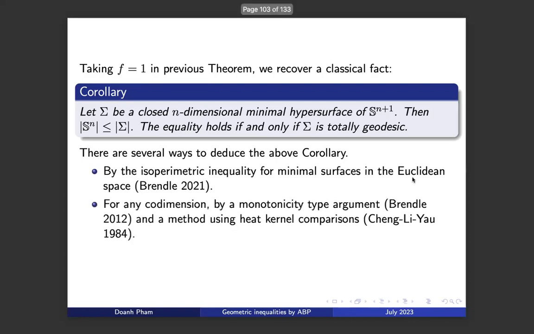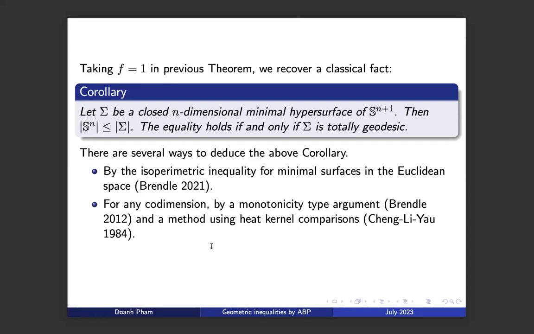Or we can use a monotonicity type argument, or the heat kernel comparisons by Chang, Li and Yau for any codimension. And actually, there is a more general statement that also holds, proven by Brian White.